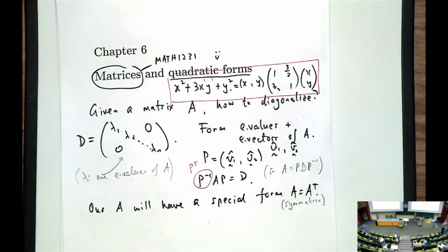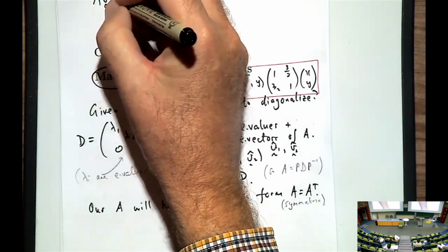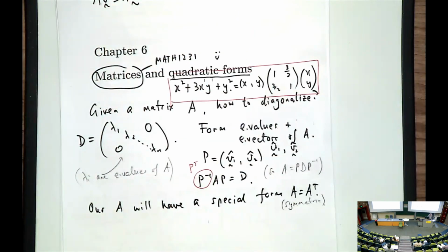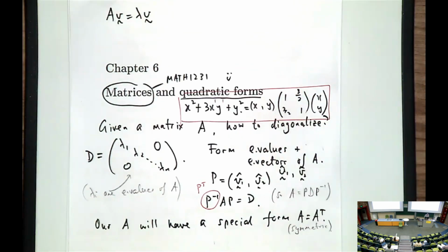So just to refresh everyone's memory, because it's easy to forget, when we talk about eigenvalues and eigenvectors, this is the main equation that we're talking about, right? And in this setting, v is a vector and lambda is a number, okay?